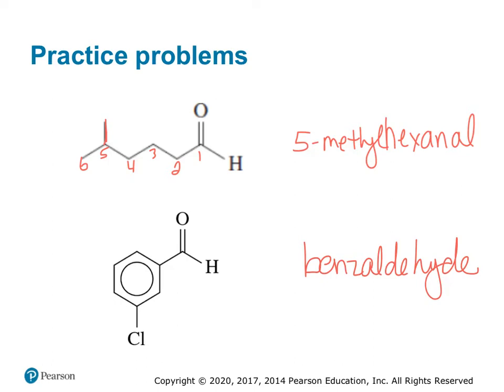And then carbon number 1 is where the carbonyl group is attached. So 2, 3. So this one is 3-chlorobenzaldehyde.